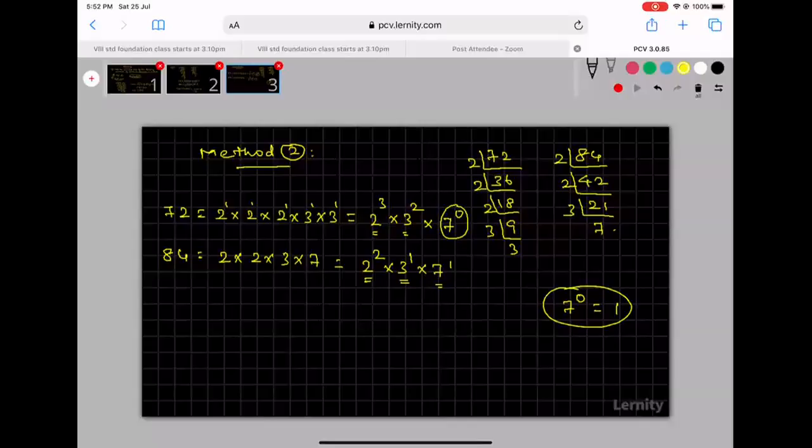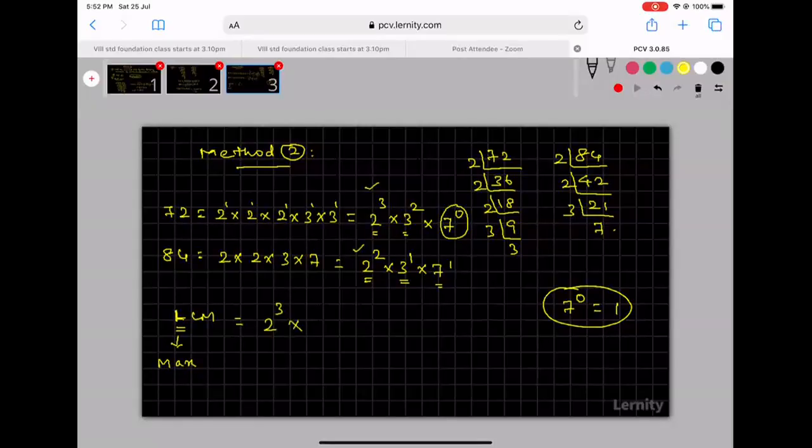Now our procedure is we want to find LCM. LCM means the first word is least. What is the meaning of least? Least means minimum. The opposite term is maximum. Here you see 2 cube and 2 square, comparing these two, which one is maximum? 2 cube.